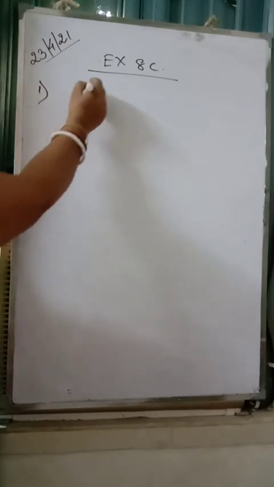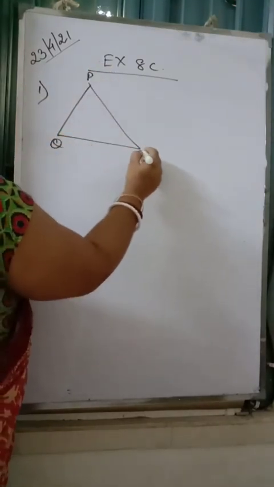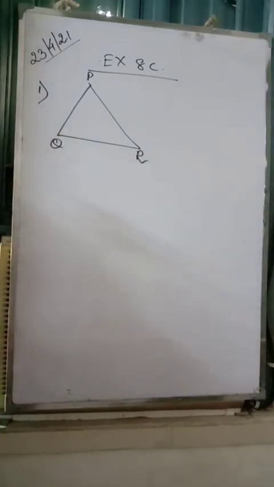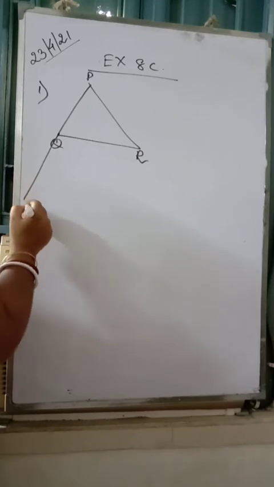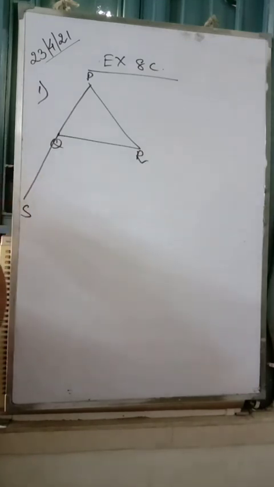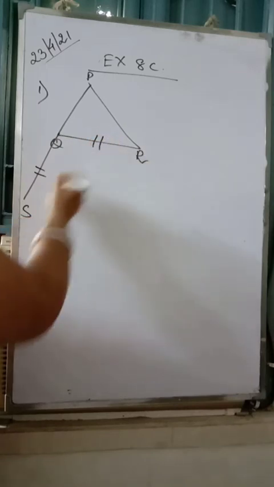In a triangle PQR, PQ is produced to S so that QS is equal to RQ.